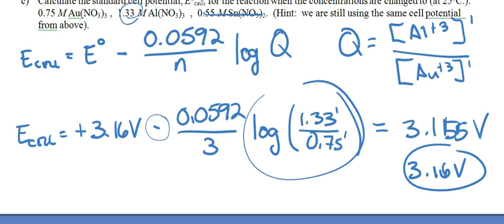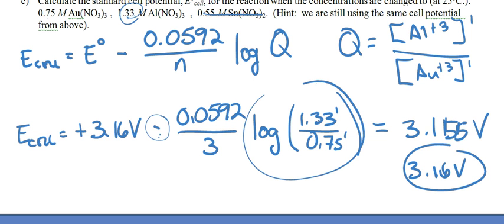Now, getting back to our concept, if I had the 0.75 over the 1.33, in other words, our value is less than 1, if I take the log of that value, it will give me a negative number. And if I have a negative number and I multiply it times negative, that will cause the voltage to increase.